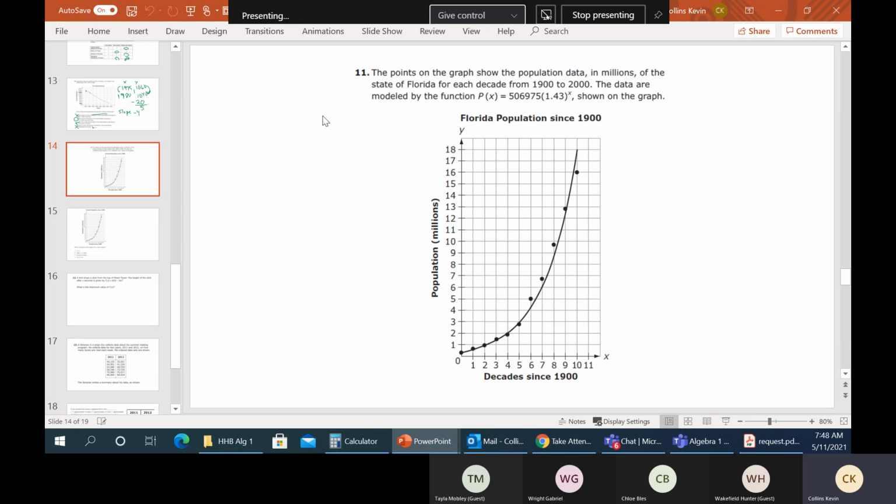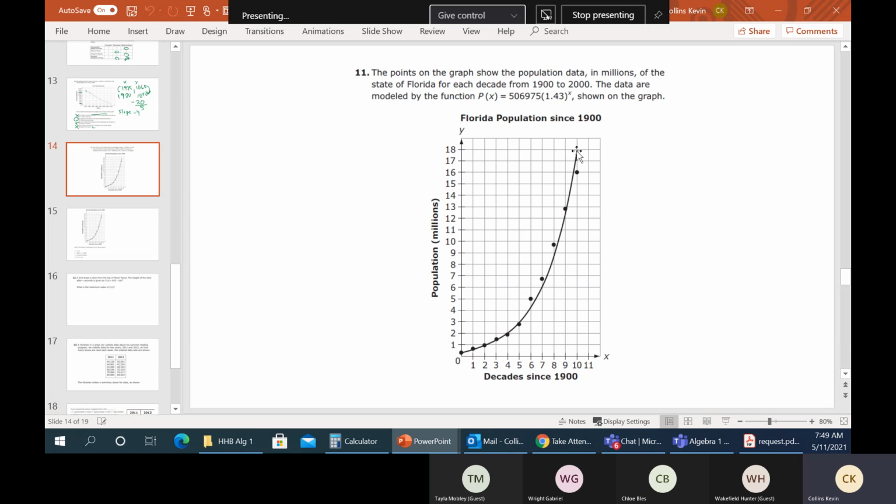All right, so this is a two-parter. So this is like the intro, and then the next slide will have the actual question. So the points in the graph show population data in millions of the state of Florida for each decade from 1900 to 2000. So as you see, the population of Florida, boom, going way up, right?